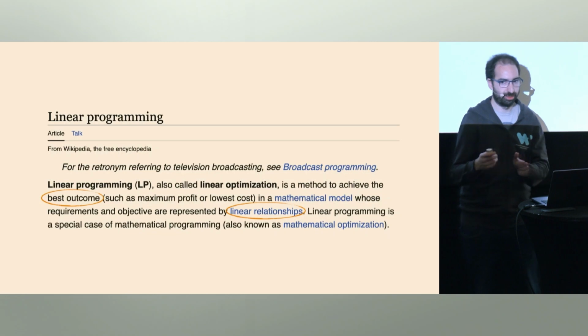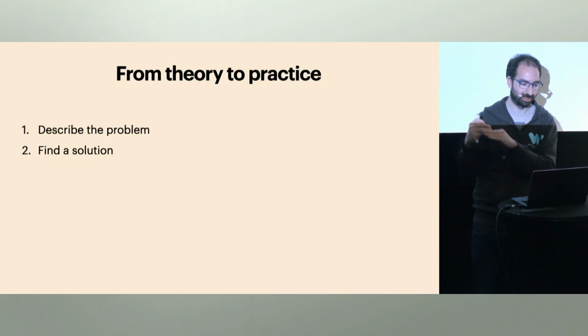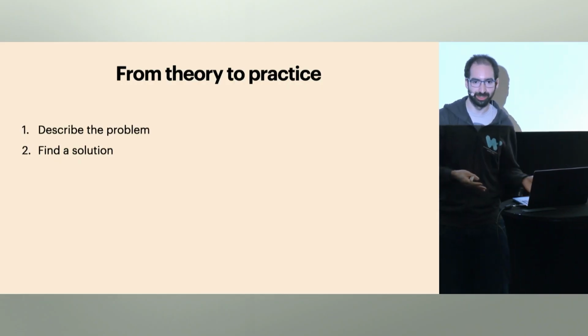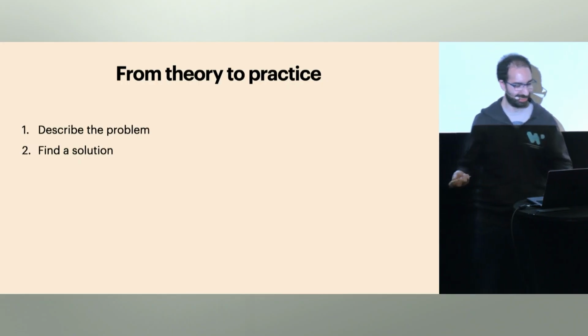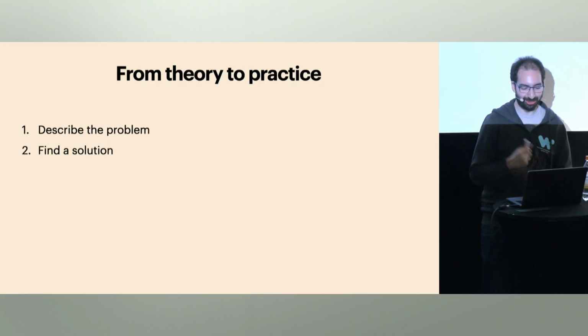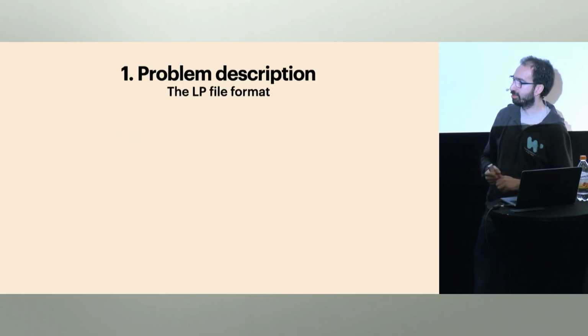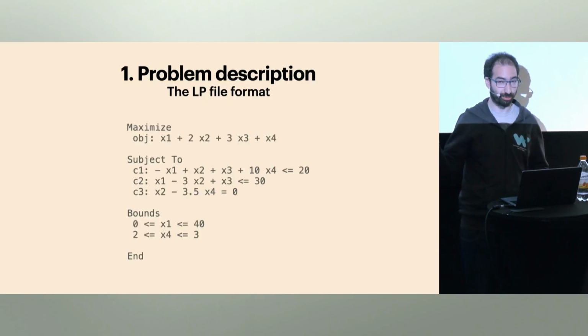From theory to practice, now we're going to see how to go from this to actually solving the problem. There are two steps: first, describing the problem, and second, finding a solution. It's this, but it's also general life problems. The first thing is we have to describe the problem. There's a file format called the LP format, LP like linear problem.